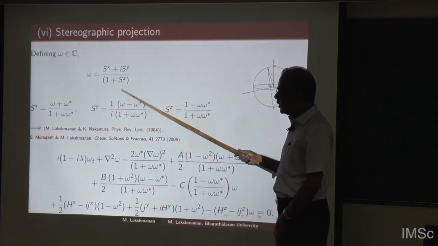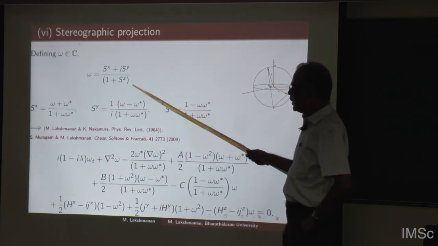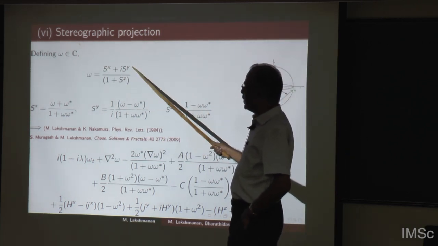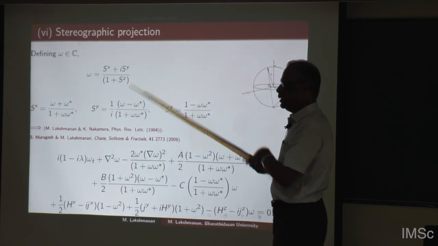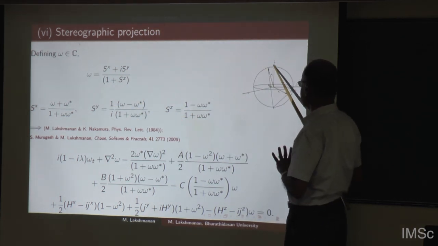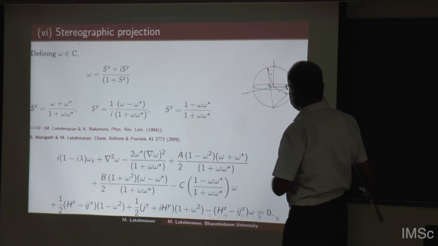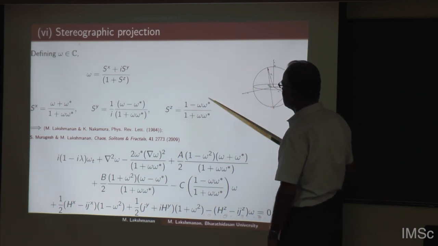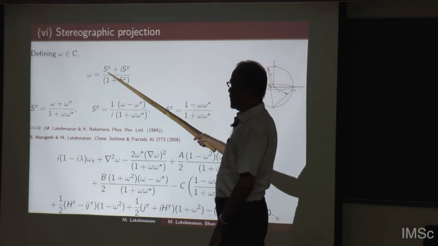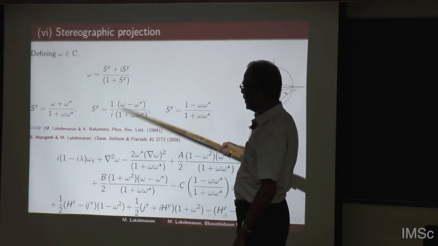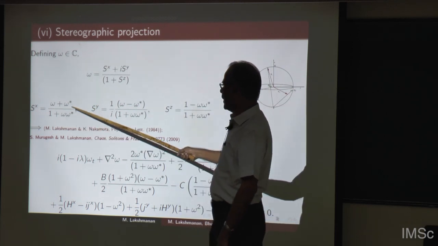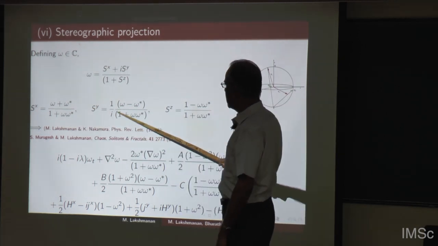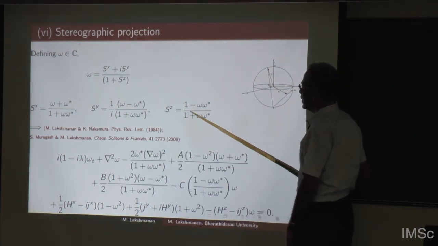There is also another interesting possibility. You can stereographically map the spin variables onto a complex plane omega. So, you have the spins S, and you map them stereographically onto the complex plane omega, equal to Sx plus i Sy by 1 plus Sz, or Sx has this form, omega plus omega star by 1 plus omega omega star, Sy this and Sz this.